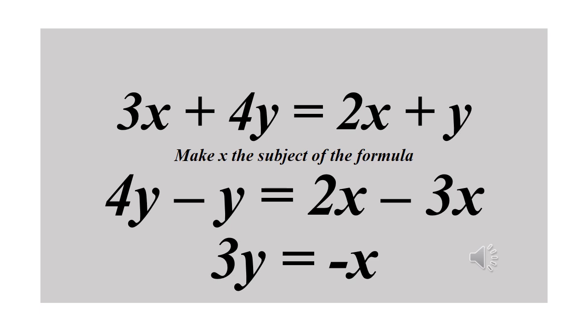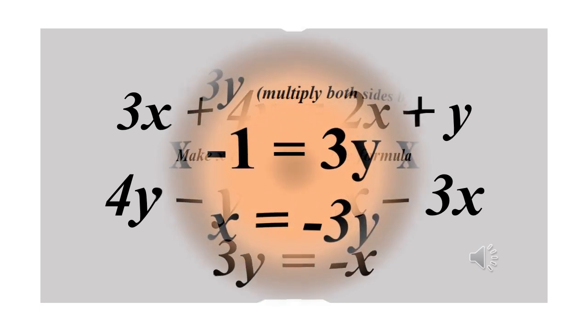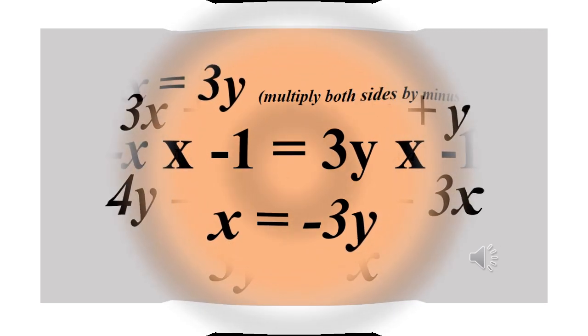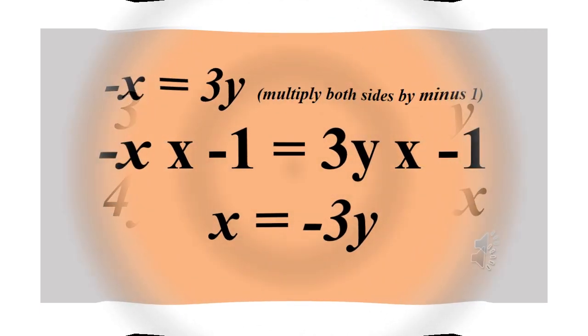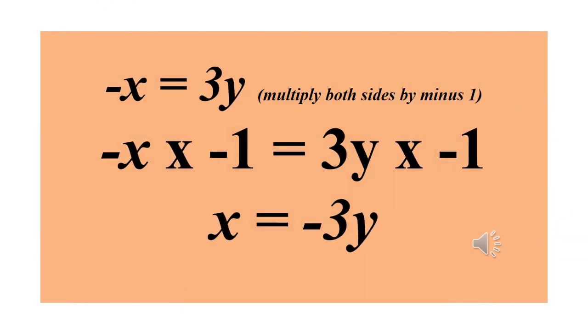We have 4y minus y. When we take plus y to the other side, then 2x minus 3x to the other side. So we have 3y equals minus x. So if you multiply both sides by minus 1, then we have x equals minus 3y.